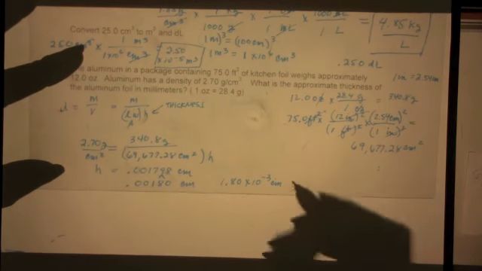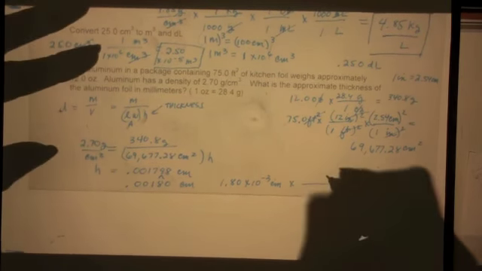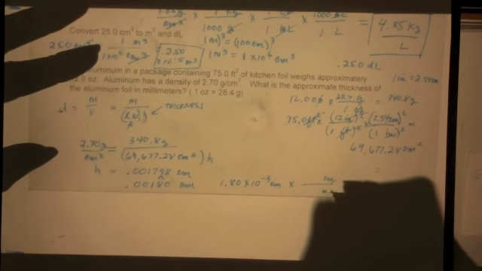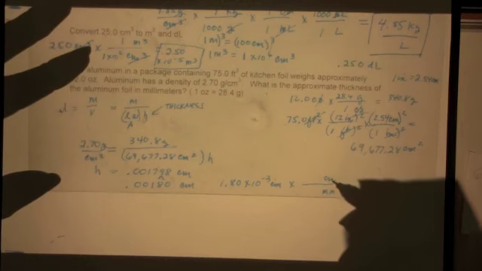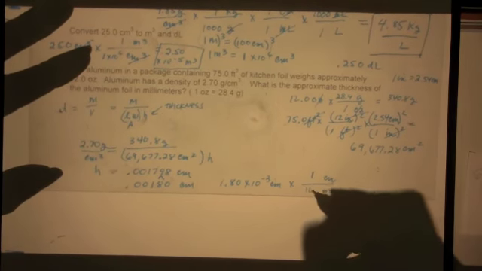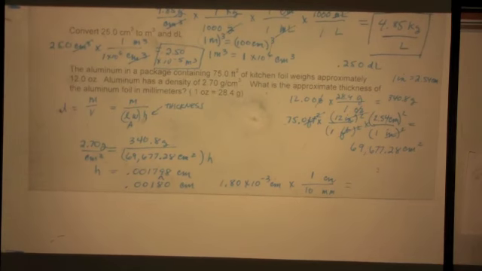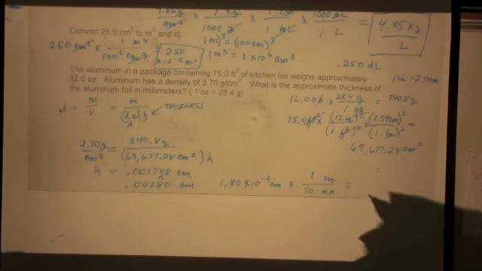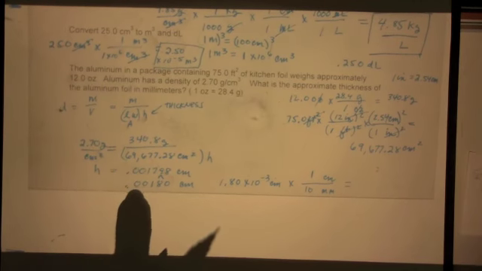To get this, there's one more thing. They wanted it in millimeters. Let's change it to millimeters. Get rid of centimeters, change it to millimeters. We can probably do this in one step. Which one's bigger? Yeah, a centimeter's bigger. There's 10 millimeters in a centimeter.